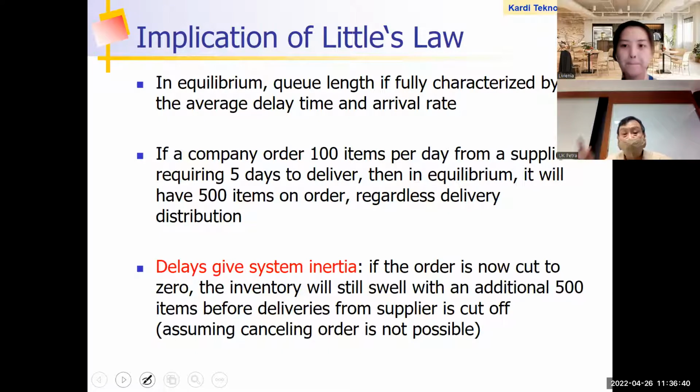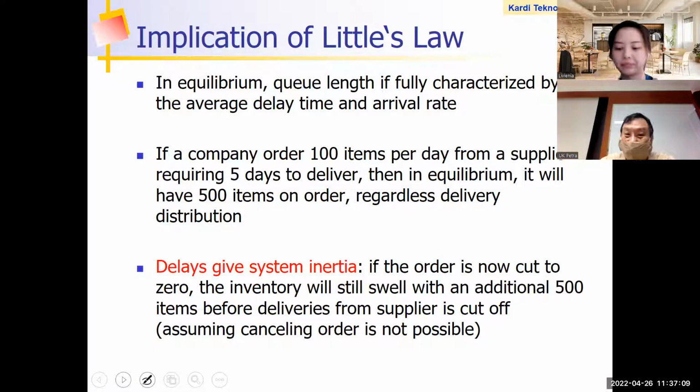Then in equilibrium, it will have 500 items on order, regardless of the delivery distribution. If you want to receive 100 items per day but they require a 5-day delay, you need to have 500 on order.